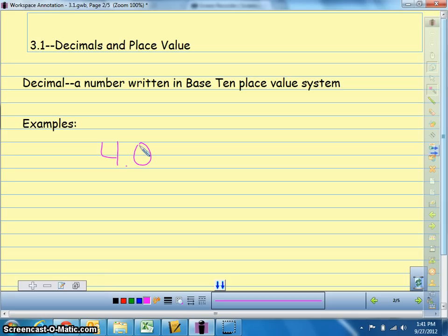That would be the decimal part of it. But we might have 3.1 or 0.6725. Decimal just means anything using this decimal point that you see right here between the whole numbers and the decimal parts.